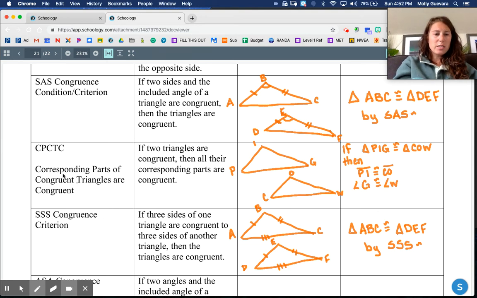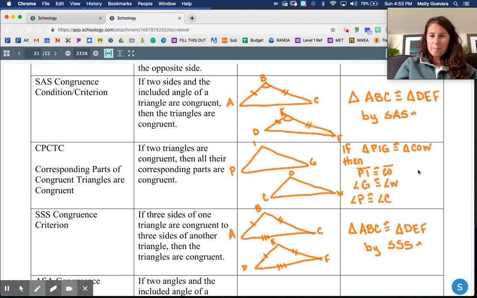So what this means is corresponding parts, parts in the same position within congruent triangles are congruent. So if I have two triangles that are the same, right, the two angles that are in the same position are the same, and the two sides that are in the same position are the same, right? And I can keep going here. I can say that angle P is congruent to angle C, right?